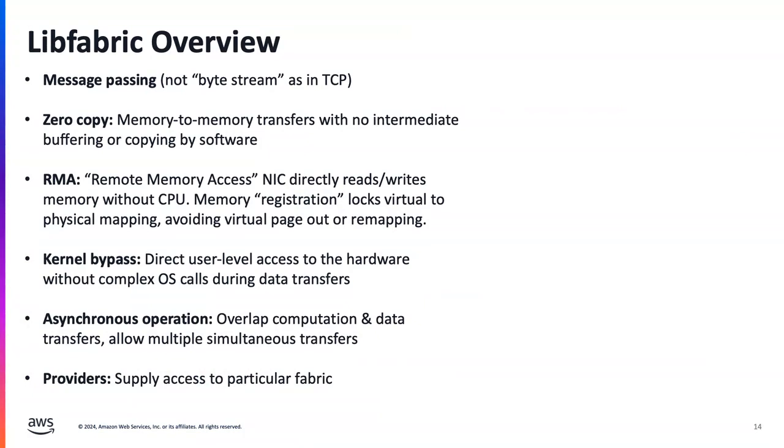They try to go for zero copy, meaning memory-to-memory transfers without buffering or copying unnecessarily. They try to use RMA, remote memory access, again, those NICs, which are reading directly from or writing directly to memory without bugging the CPU. A key element of this is memory registration.